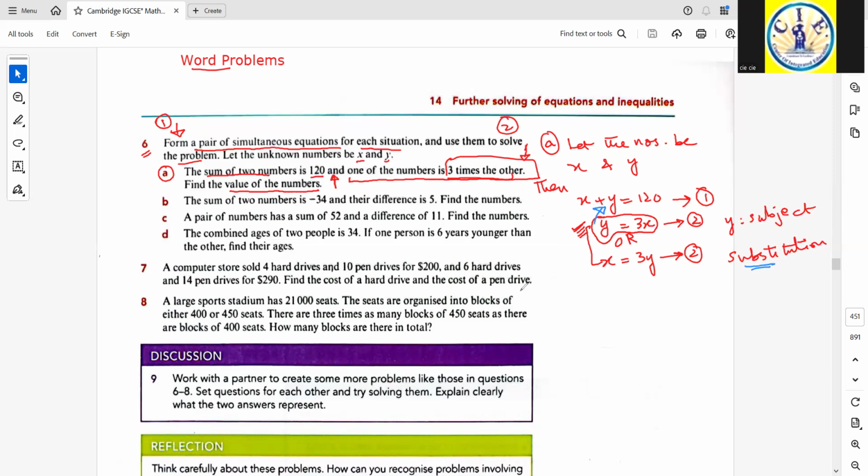It is going to be x, the same, plus, in place of y, I'm going to replace 3x, and on the right side I have the same number, which is 120.